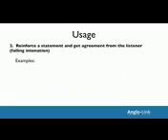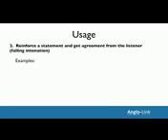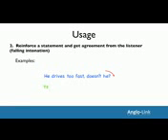Another example. She's really friendly, isn't she? Yes, she's so nice to everyone. Another example. He drives too fast, doesn't he? Yes, he's a dangerous driver.